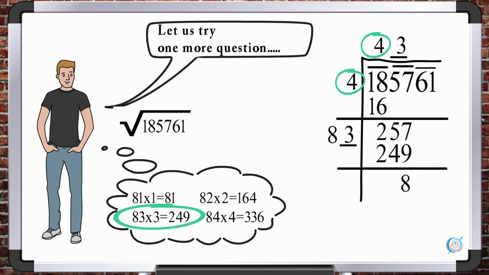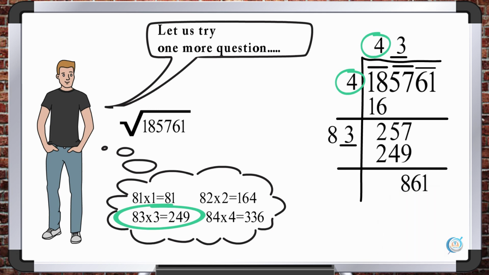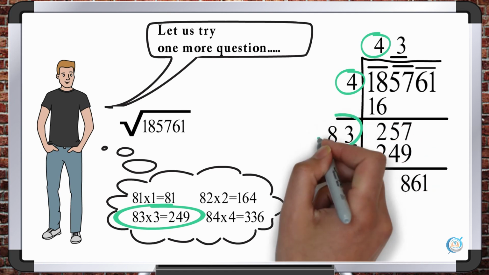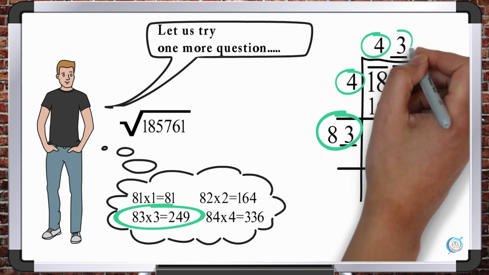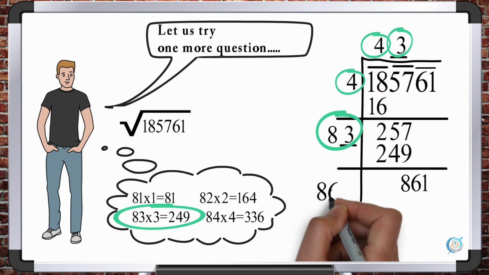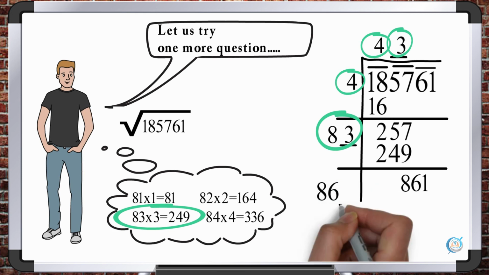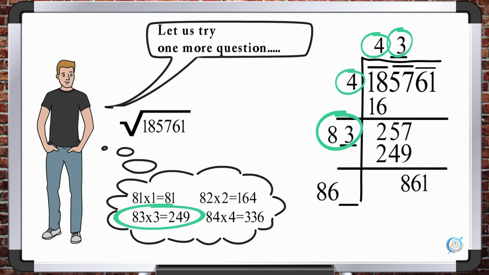Now take the next two numbers also down. Now we need to add 83 plus 3. 83 plus 3 will be 86. Now 86 and a number into same number, we need to get 861.